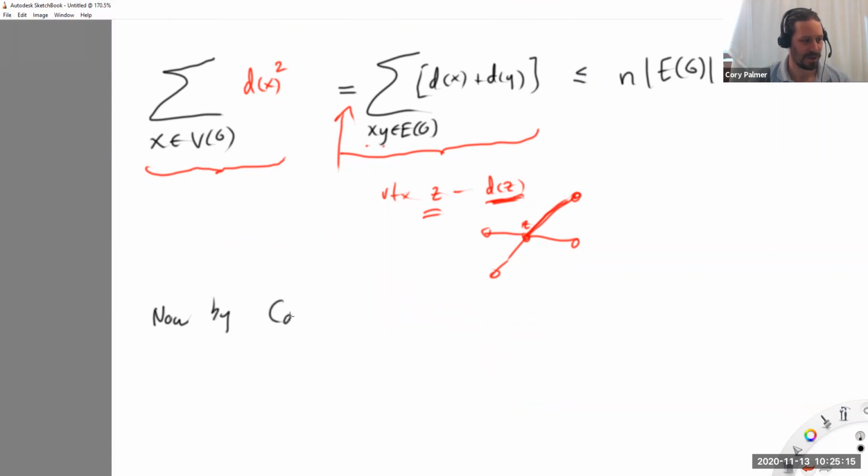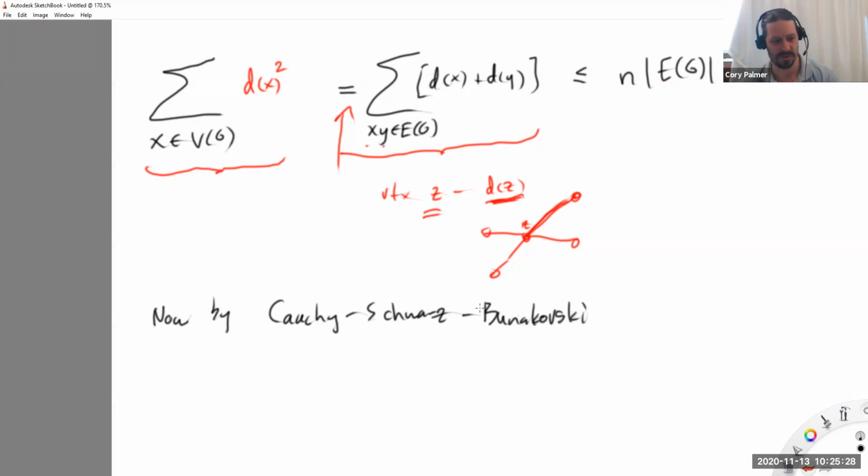So now by Cauchy-Schwarz, I'm going to even put Bunyakovsky. I hope your analysis teachers have talked about this, though it was discovered independently. Very often there's a Russian mathematician who did the same stuff as well. There wasn't a lot of communication in some of these eras. So anyway, a friend of mine likes to call this the BS inequality instead of CS.